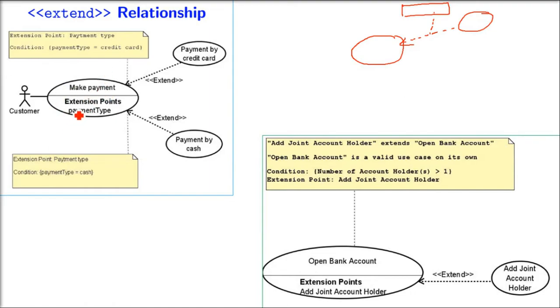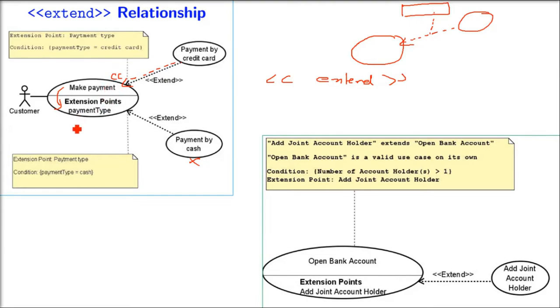If the extension point is payment type, it is extending make payment. So if the user chooses credit card, payment by cash will never be executed. It will only be payment by credit card. So the extend relationship will again be in double angle brackets, extend inside.